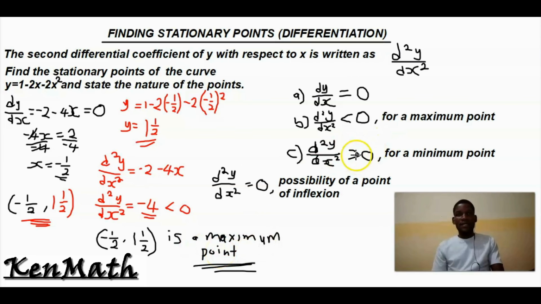If it had been greater than 0, then you would have said it's a minimum point. That's how we usually find the nature, and that's how we usually find the stationary points. That's how we find the stationary points and also the nature of those points.